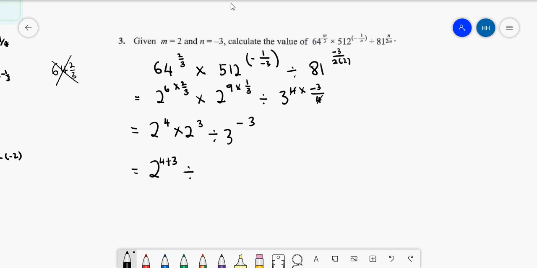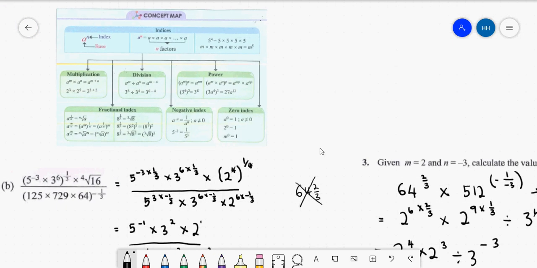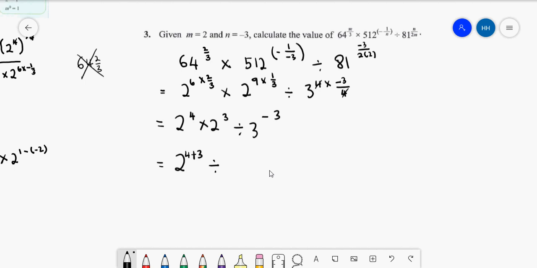Remember the formula, you can refer to this: a negative index can be changed to 1 over a to the power of n. So this is actually 1 over 3 to the power of 3. So it equals 2 to the power of 7. For a fraction division, you change it to multiplication and then 3 cubed, and then you solve.